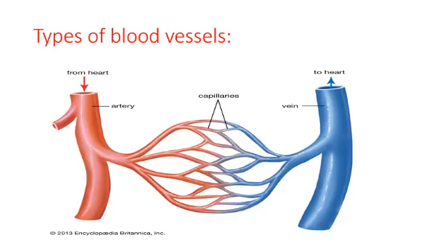The artery is the type of blood vessel that carries blood away from the heart. Veins carry blood towards the heart. Capillaries are the type of blood vessels that connect arteries to veins.